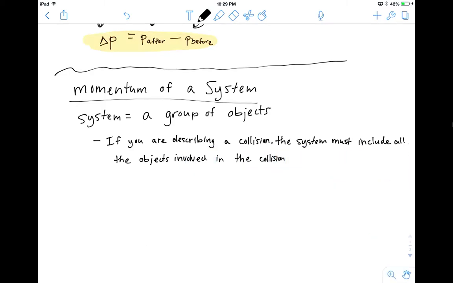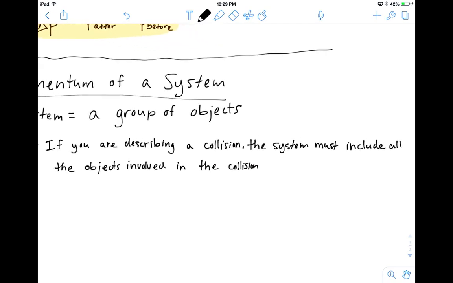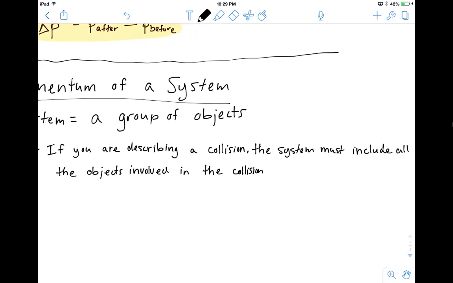Okay, sorry, I know that's a lot to write, but that is an important sentence. So if you're describing a collision, the system must include all the objects involved in the collision.